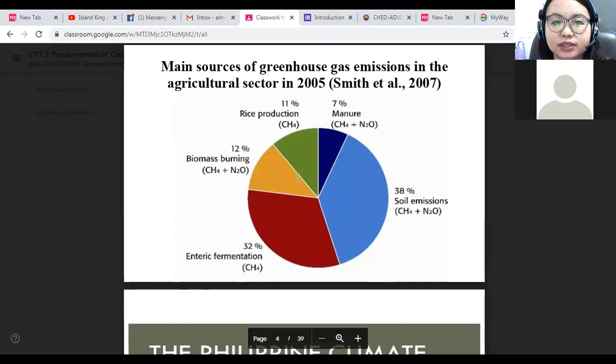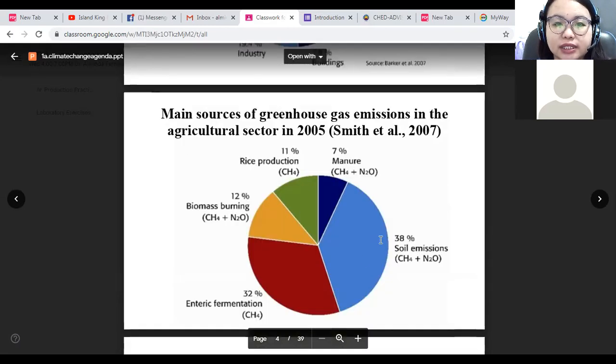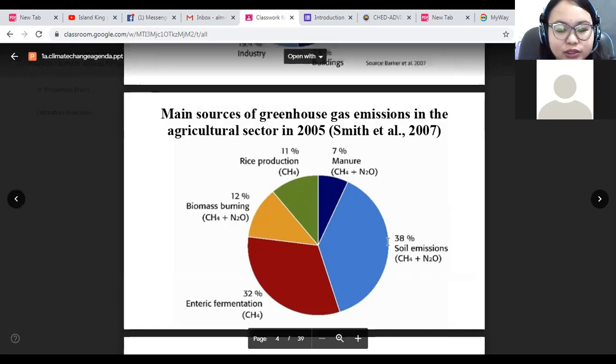So the main sources of greenhouse gas emissions in the agricultural sector in 2005, which was reported in 2007, are the following. Under agriculture, these are the main sources of emission. We have fermentation, biomass burning, rice production, manure, and the highest is the soil emissions.